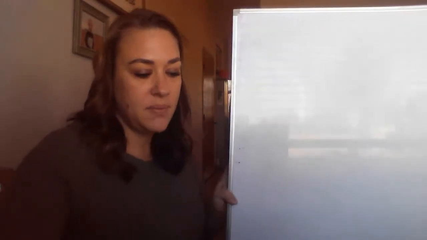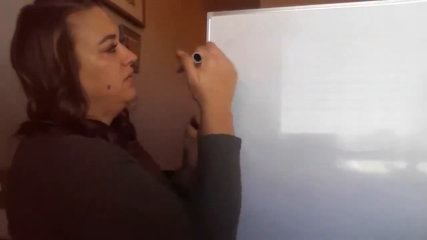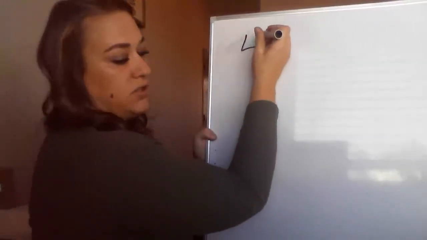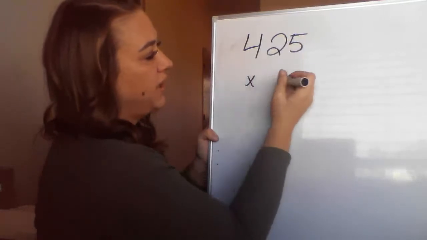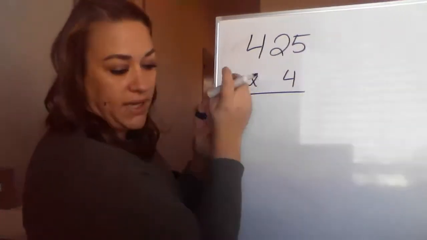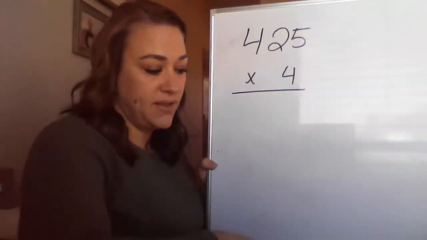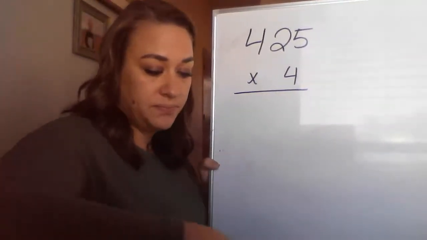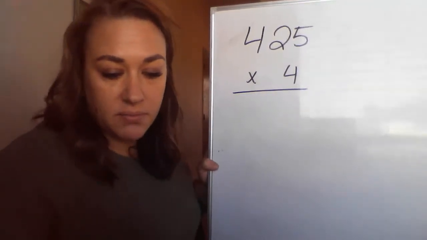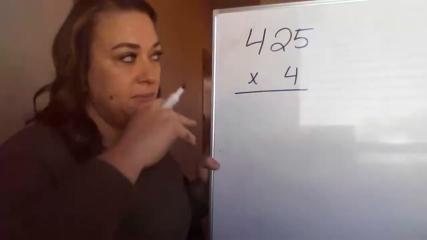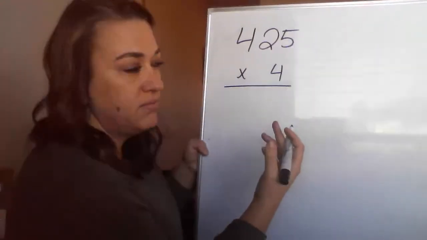All right. So we have our first problem of 425 multiplied by 4. We know our partial product strategy, right? We've done that before. We can set that up right now and go through it.